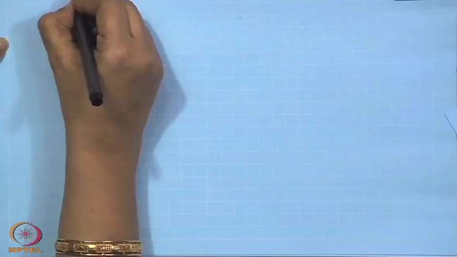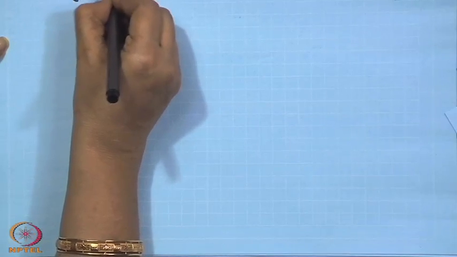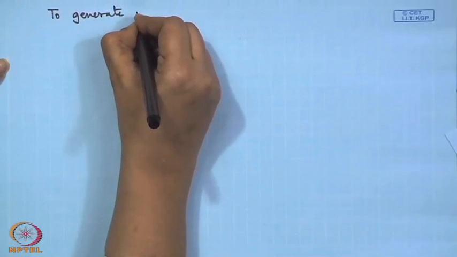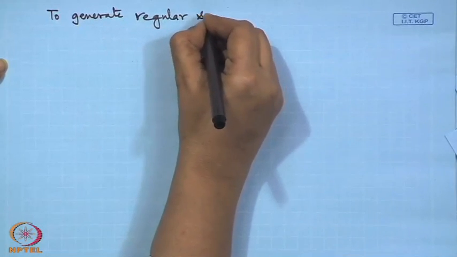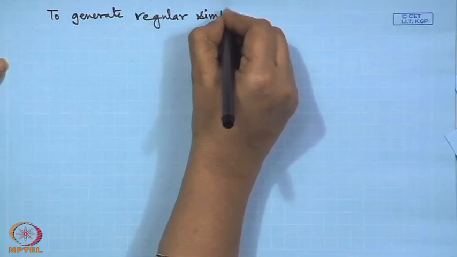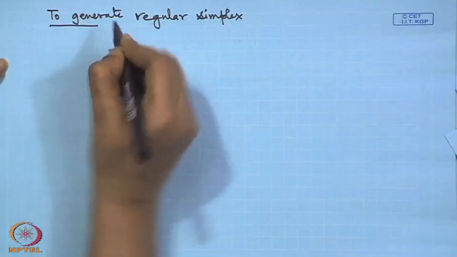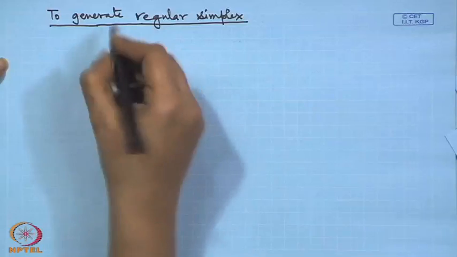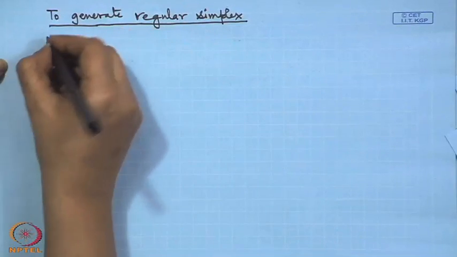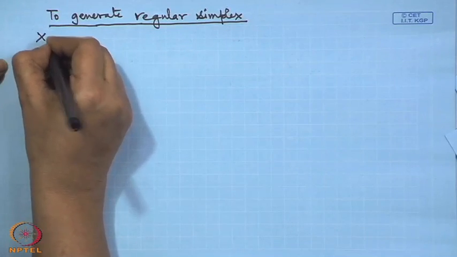Before going to the simplex detail, let me first tell you how to generate a regular simplex. This can be considered in the initial stage only, because afterwards the process will guide us to the next simplex automatically.